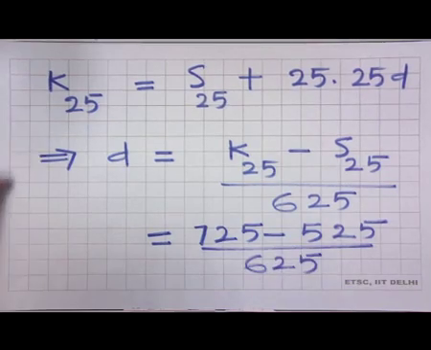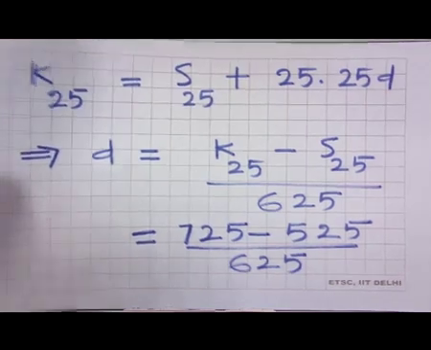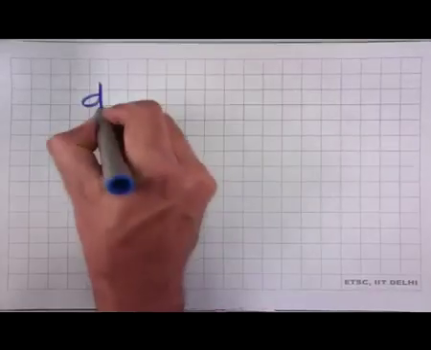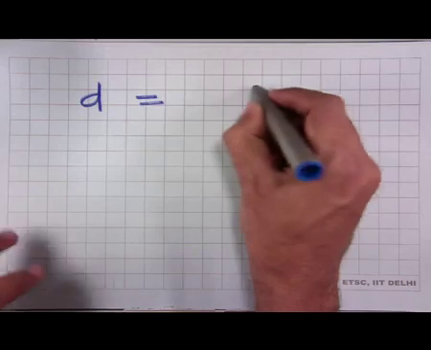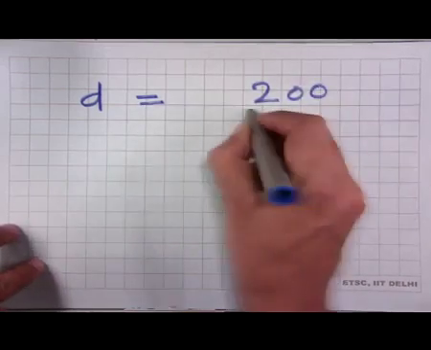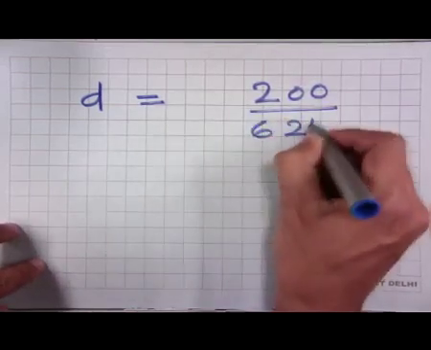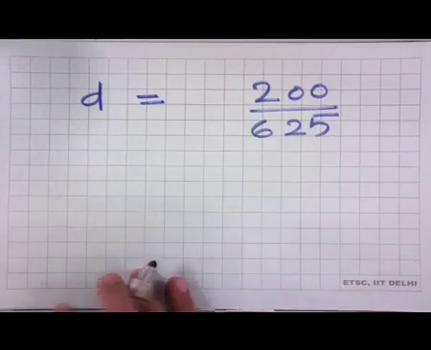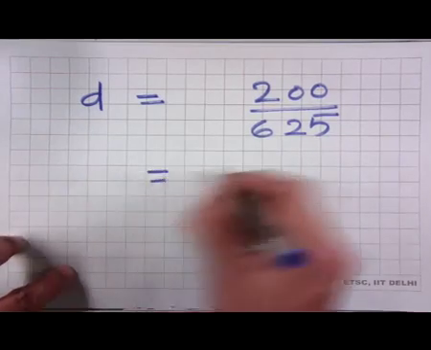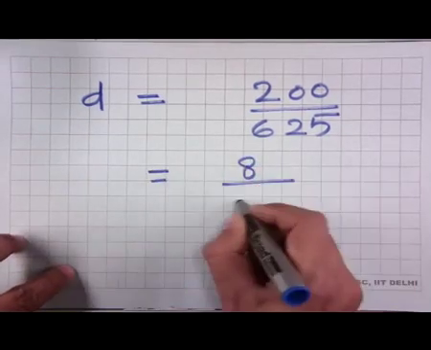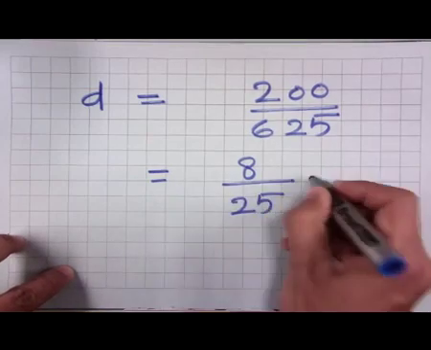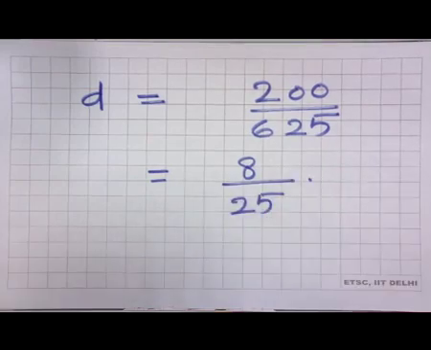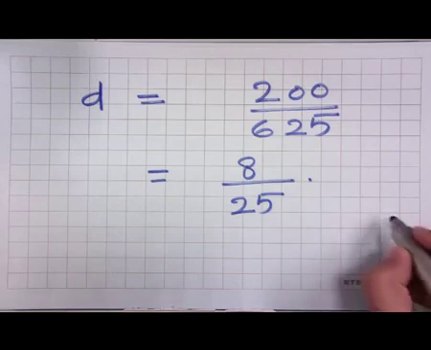With simple calculation, D reduces to 200 by 625, which can be written as 8 by 25. Thus, the common difference of the given arithmetic progression is 8 by 25.